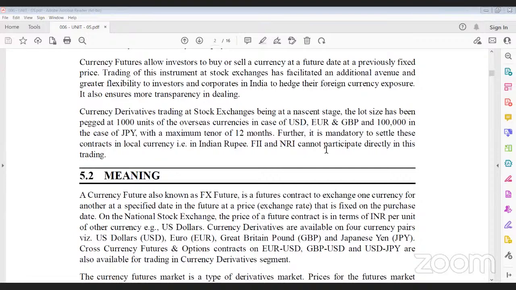In order to settle these tradings, it has to be converted back into Indian rupee, INR, and there are conditions and time period during which they can allow and facilitate this to the investors.